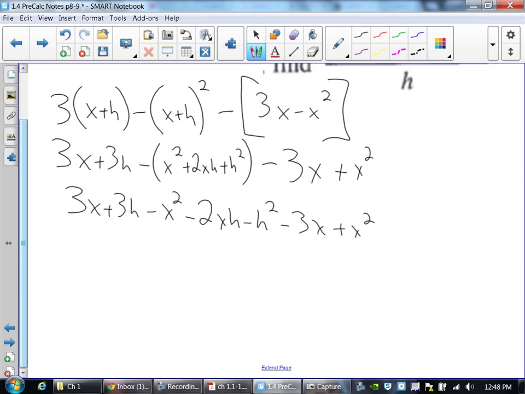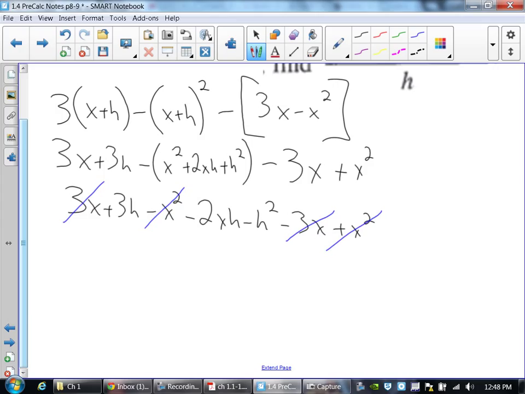It looks like our 3x's and our x squareds will both drop out. And what's nice is that all the rest of our terms have an h in common, which is good because that means we can factor it out, and we're still dividing by h.